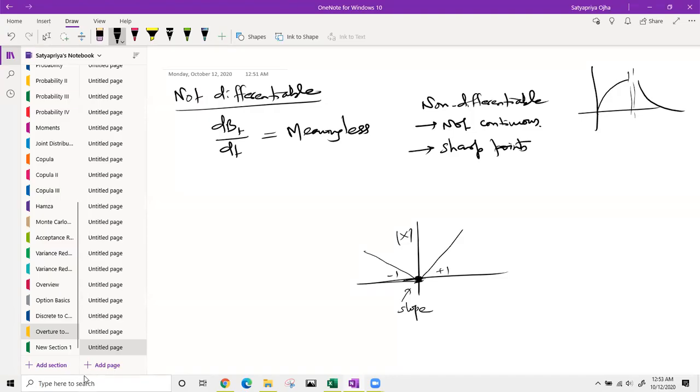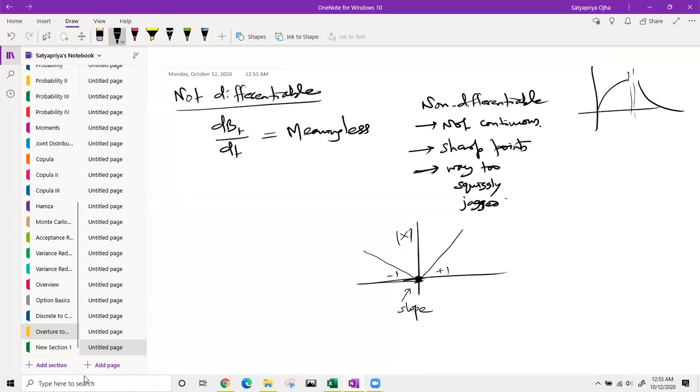Brownian motion, is it not continuous? It is continuous, everywhere. Does it have sharp points? Not really. Why is it not differentiable? It's a whole new type of reason. The reason is this is way too squiggly or jagged.